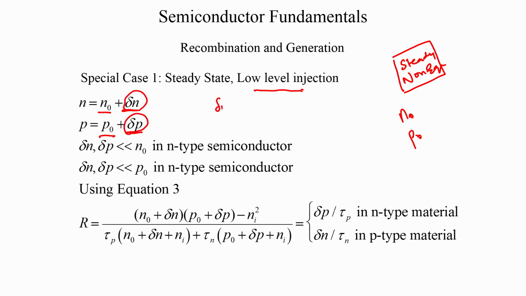So, firstly delta N is of the order of delta P, okay, and delta N, delta P is much smaller than the majority carriers in a semiconductor. So, delta N, delta P is much smaller than NO in N type semiconductors, and delta N, delta P is much smaller than PO in P type semiconductors. Again, sorry, another typo here, it is in P type semiconductors.